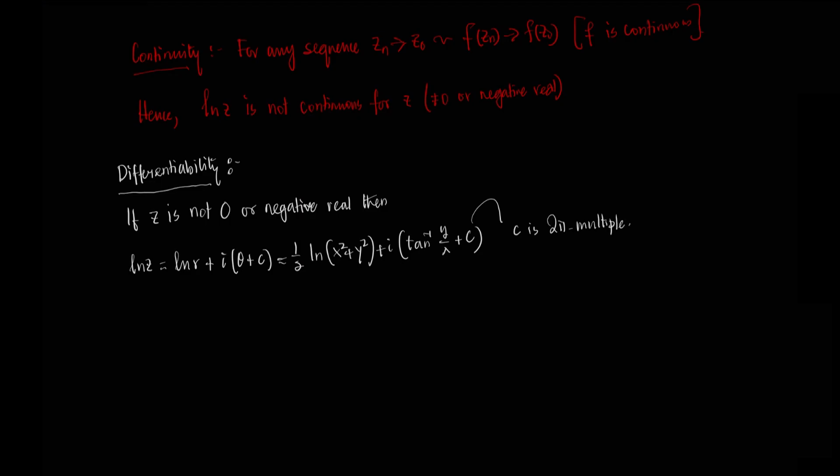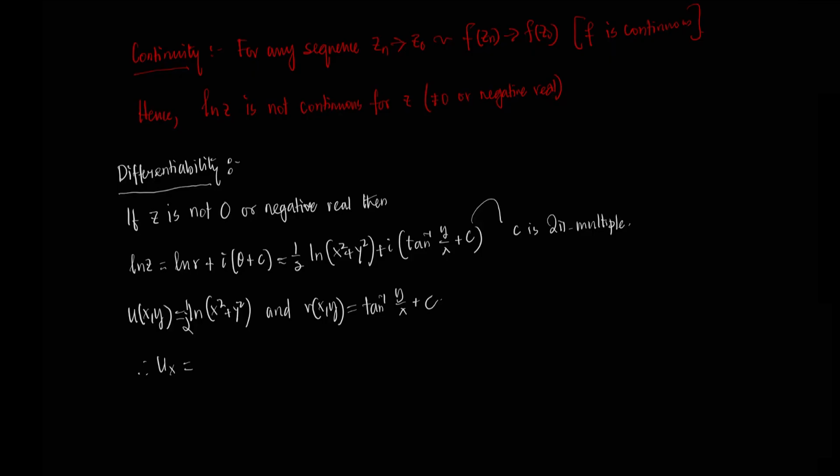Now if you just look at it like this, what is u of xy? Here u of xy is nothing but half times log of x square plus y square, and v of xy is nothing but tan inverse y by x plus c. Therefore, what is u x?